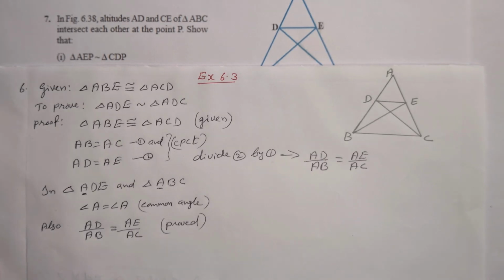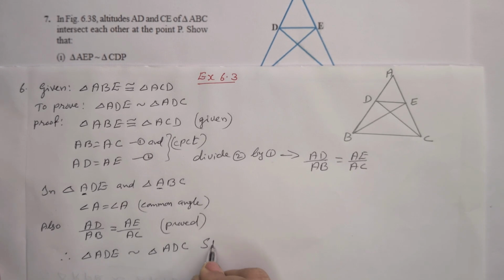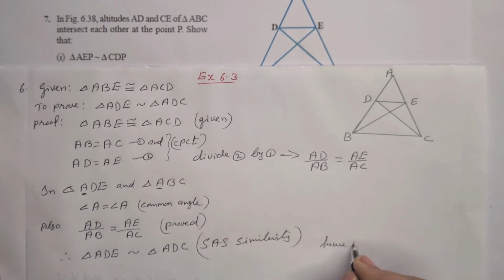So two sides are in proportion and the included angle is common, or equal in both the triangles. Therefore, triangle ADE is similar to triangle ABC by SAS similarity. So hence proved.